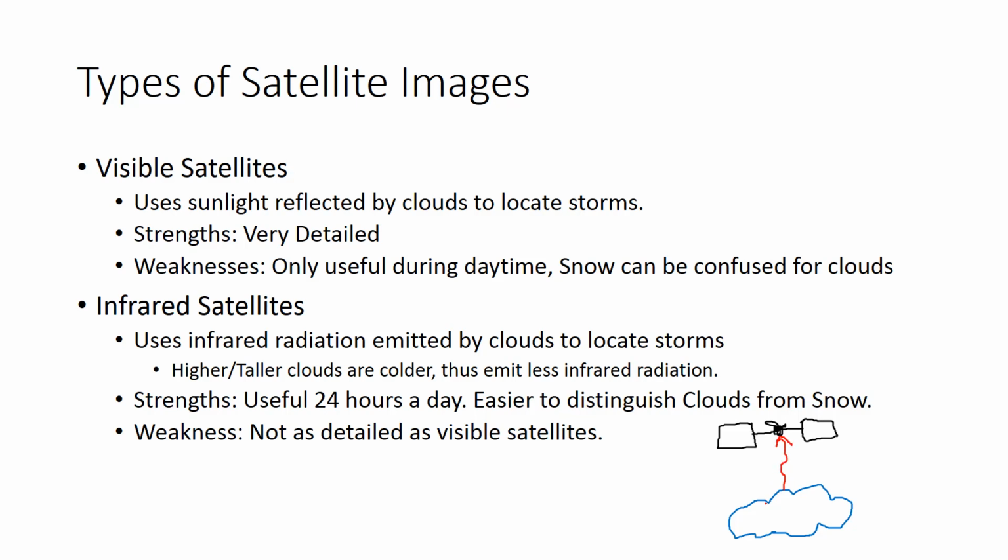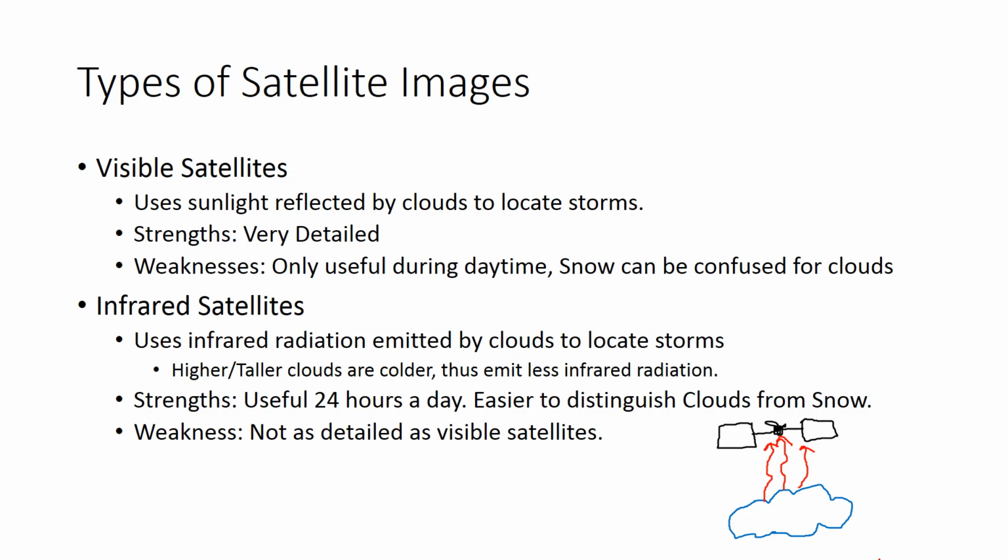And clouds are typically colder than the ground below them. The main reason why is because they're higher in elevation. They have a lot of condensed water, oftentimes a lot of ice, and so on. But another really useful fact about clouds is that the taller the cloud, the colder the cloud top.